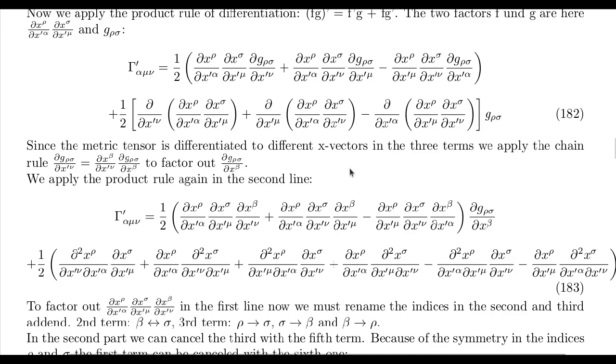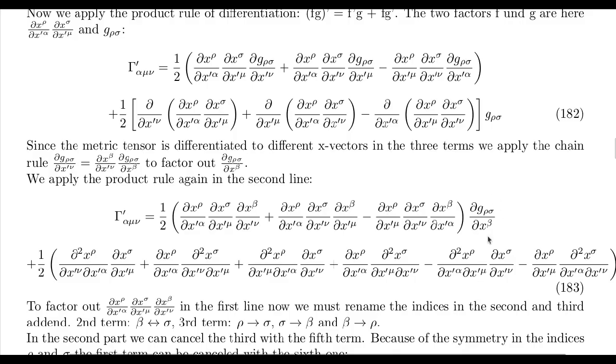Then we apply the chain rule again, because the metric tensor is differentiated with respect to different x vectors. So we use this rule here again and factor out then dg dx beta here in the first line. So we get this.